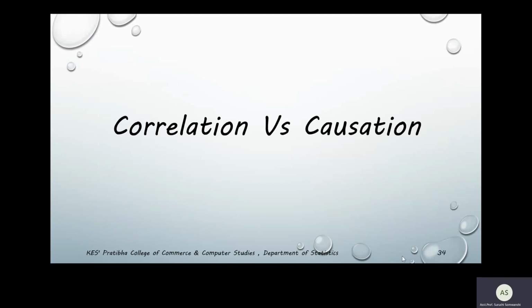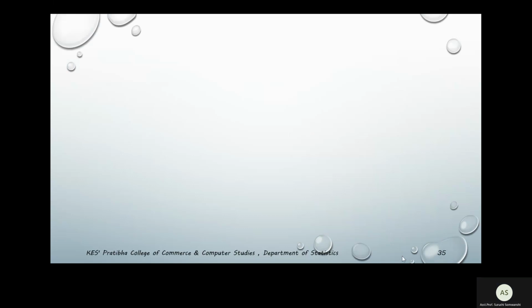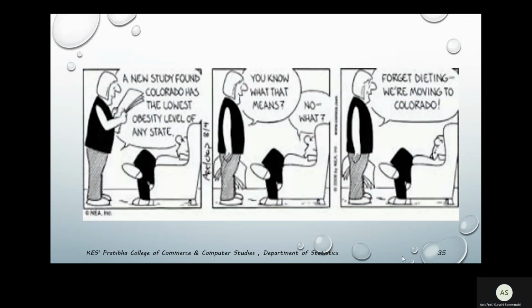After this, let's look at the relationship between correlation and causation. We have just studied what correlation and causation are, and now we have to check the relationship between them. Here is one picture I have given you.